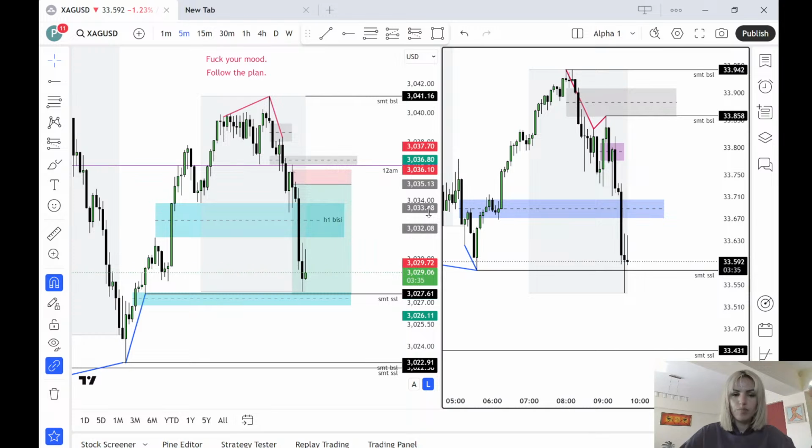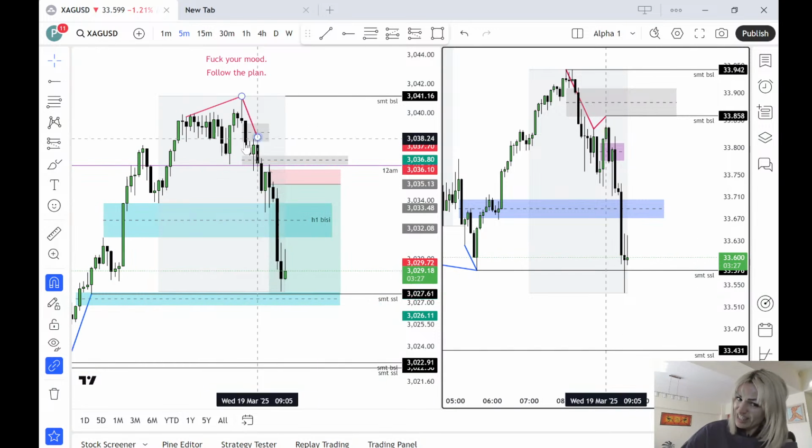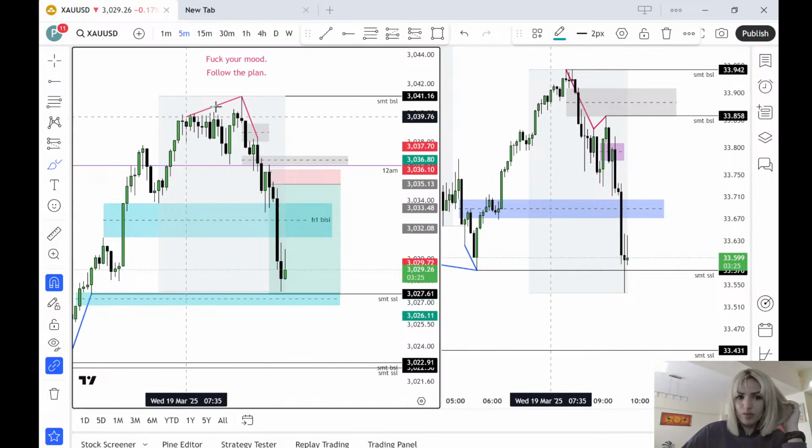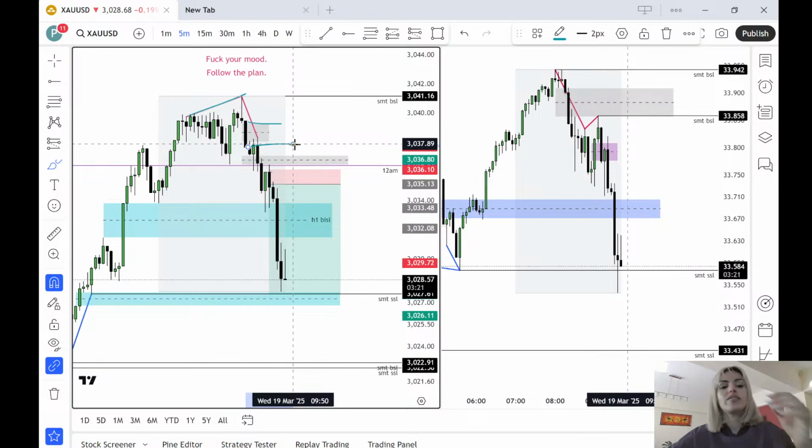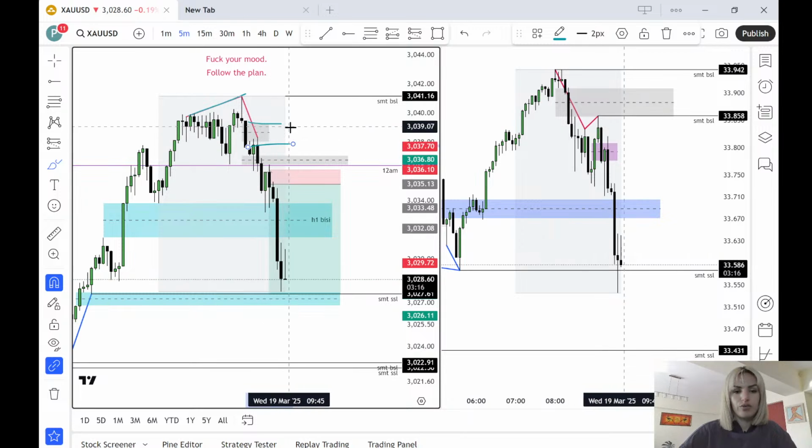It's really important because it can give you a good indication of what price is likely looking to do. All right, so initially, we've seen that SMT, the bearish fair value gap that followed. I had barely just started the stream when this entry occurred.